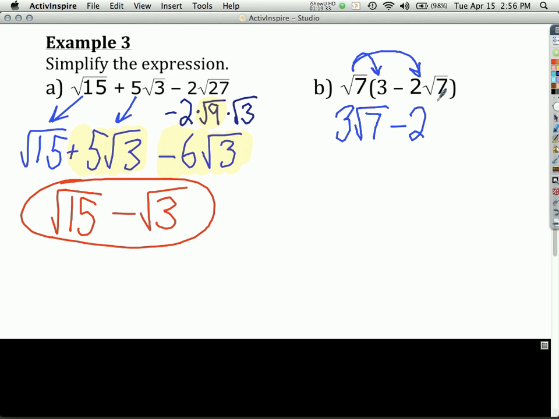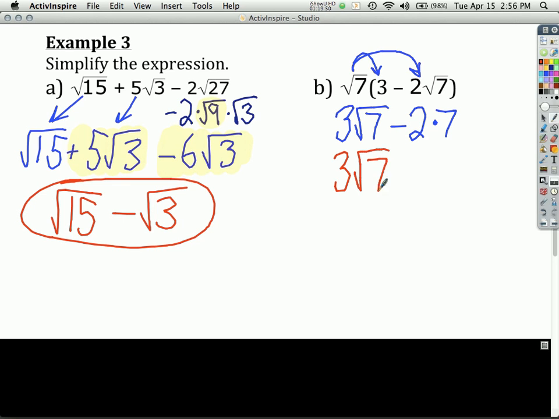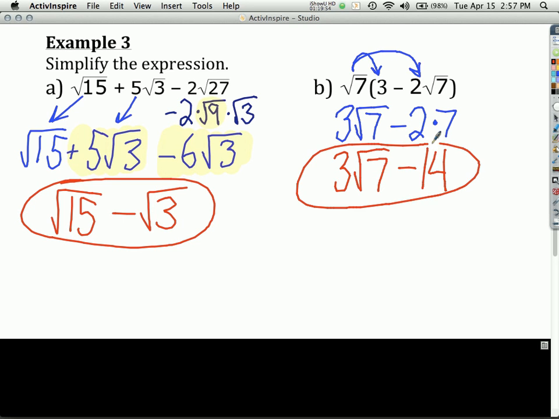What happens when we multiply a radical times itself? We got a bunch of people who know, right? So in this case, it will turn into a, very good, 7. And so, 3 radical 7, nothing can be done, minus 14, and there's nothing else that can be done.